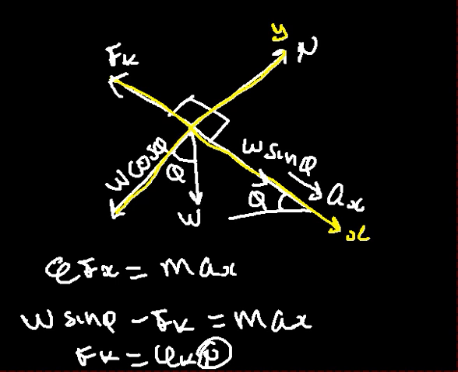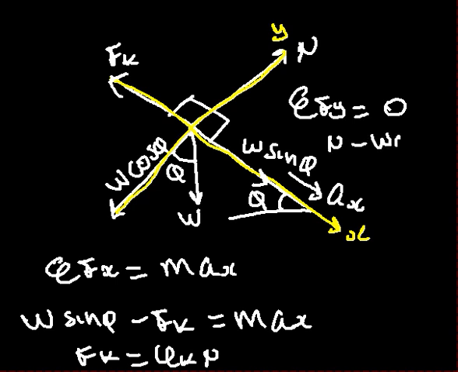And how should you find the normal force? We'll look at the forces acting along y. Since along the y-axis there's no motion, the summation of the forces along y adds up to 0. And what are those? We have the normal force minus the weight cos theta, and that is equal to 0. From here you can get the normal force, which is given as the weight times cos theta.